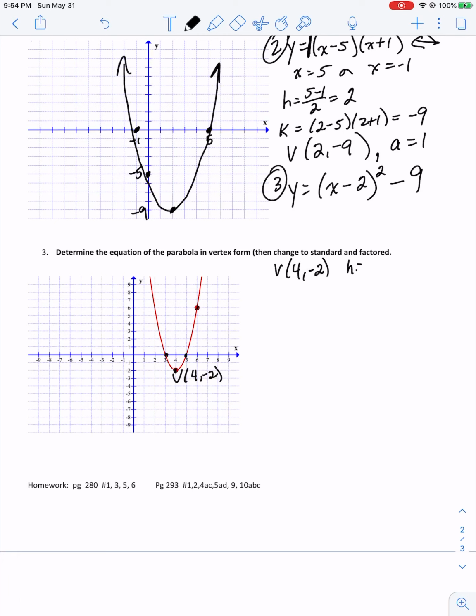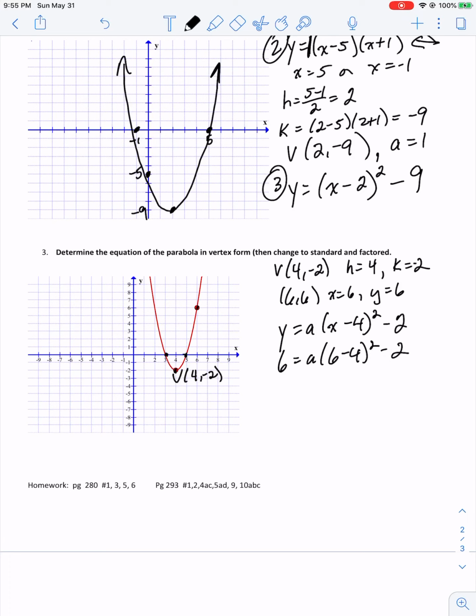That means that h equals 4, k equals -2. I also know the point 6, 6, so x equals 6, y equals 6. So y equals a times (x minus 4) squared minus 2, and when y equals 6, x equals 6.